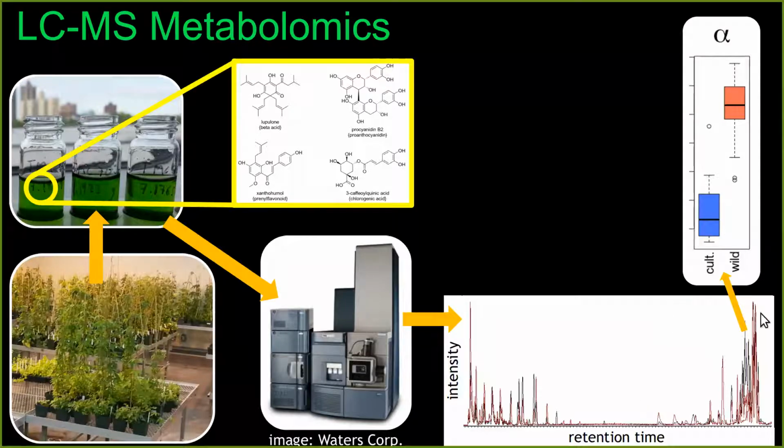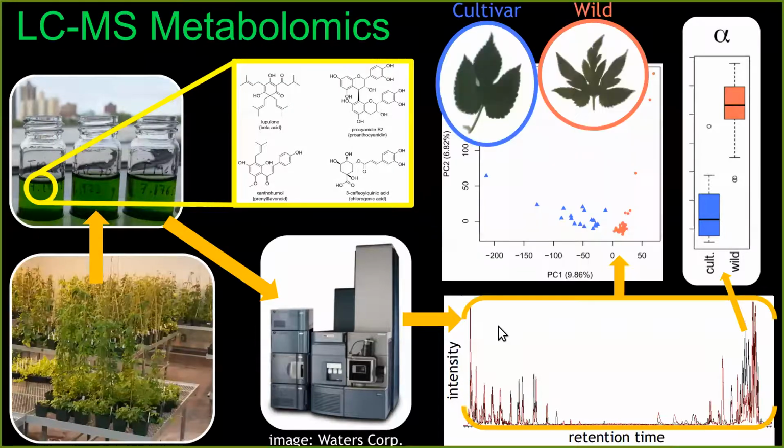Another thing we can do is look at overall chemical profiles and ask questions about overall how are different samples similar or different from each other. And so for that, we use a technique called principal component analysis, where for each sample, we take the measurements of all these hundreds or thousands of compounds.